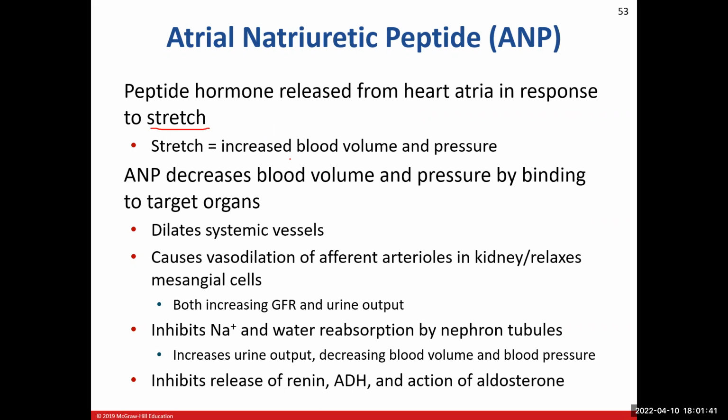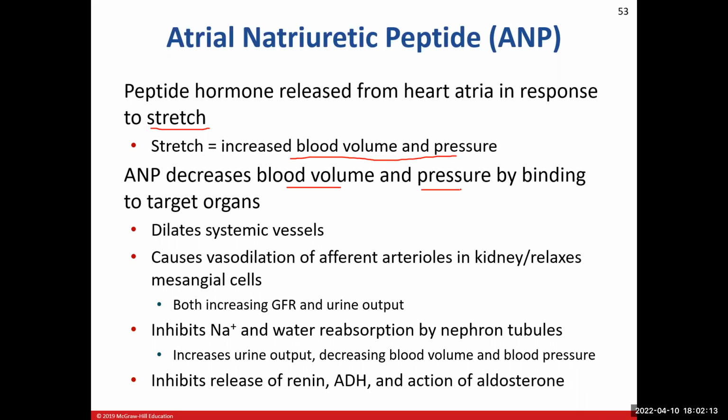And that's because we've increased blood volume and blood pressure, and that increases the stretch. So ANP is going to be released, and so it is going to decrease both blood volume and consequently blood pressure, because it causes vasodilation of our systemic blood vessels. And when we cause vasodilation of the systemic blood vessels, going back to that equation, right, blood pressure is equal to heart rate times total peripheral resistance.